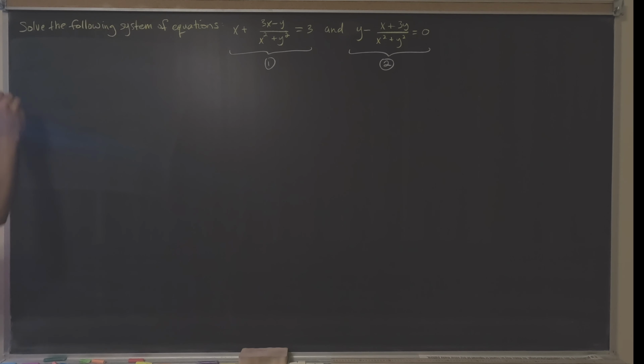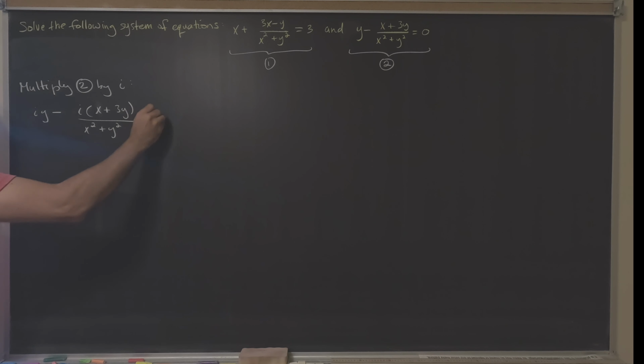We're going to take equation number 2 and multiply it by I, the imaginary unit I. And when we do that, we end up with iy minus i multiplied to what we have in the numerator equals 0.